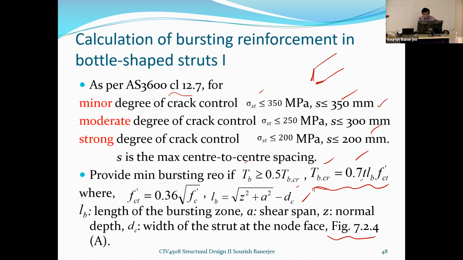Then LB will be the length of the bursting zone, which is in the plane of your screen. But when you look at the T, that is basically the width of the member, which is perpendicular to the screen. So don't get confused with that T here, with the term T for thickness.